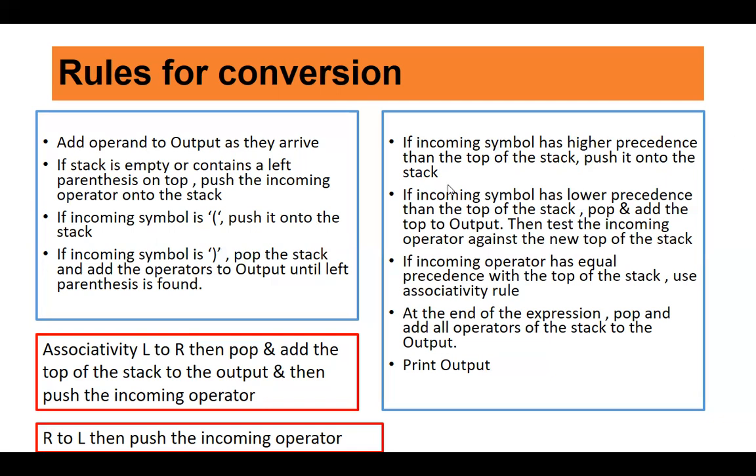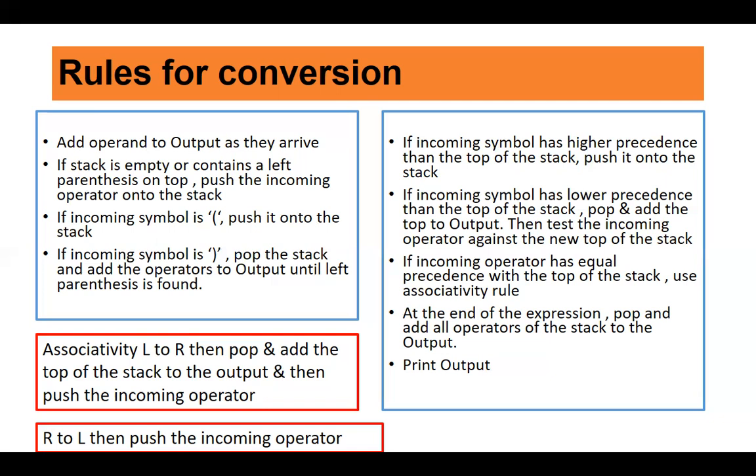Next, if the incoming symbol has lower precedence than the top of the stack, then we pop and add the top to the output. So pop out whatever operator you have on the stack, add it to the output, and then test the incoming operator against the new top of the stack.